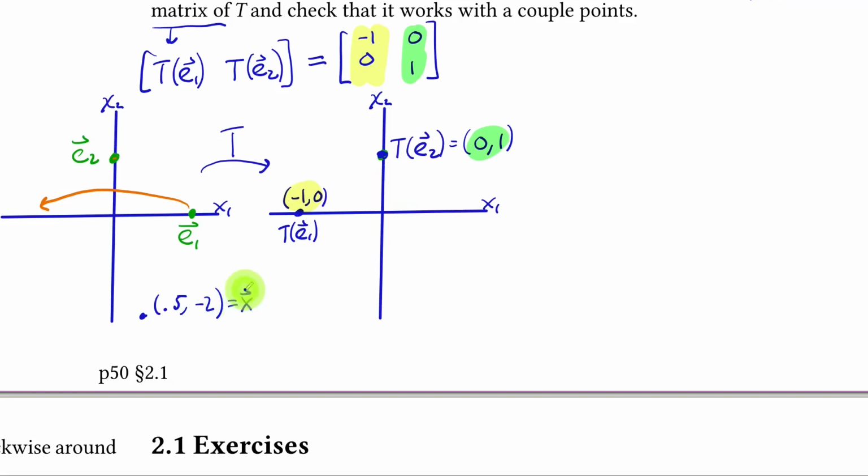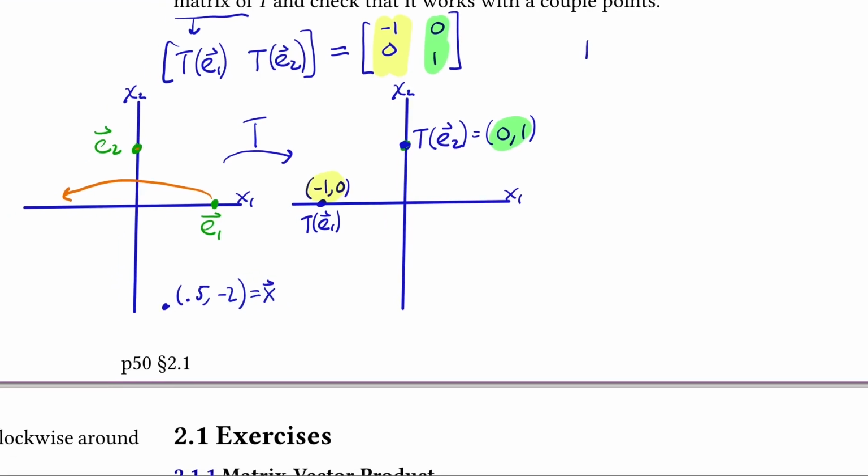So if that's x, what T of x should be is it should be reflected across. It should be down here. It should be now -0.5 and -2. X2 coordinate is the same. It's still at the same height. It's just moved to the opposite side of the x1 axis.